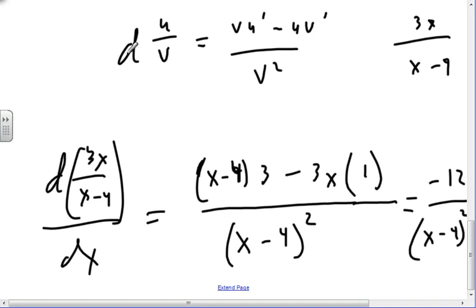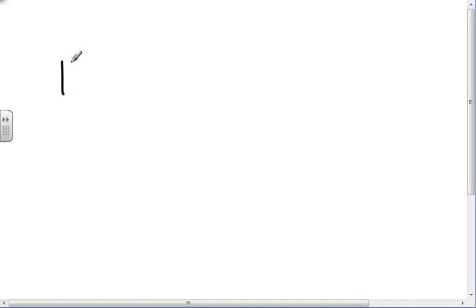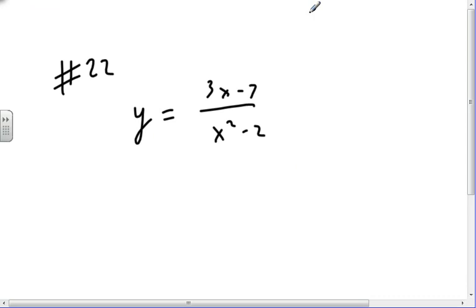Number 22. y equals 3x minus 7 over x squared minus 2. So the book is open, so we'll do it the book's way. The derivative of u over v, we have v squared, we have v, we have u, we have minus, that's u prime, u v prime. And then I look to make sure I got it right. And guy on the bottom, yeah, okay.